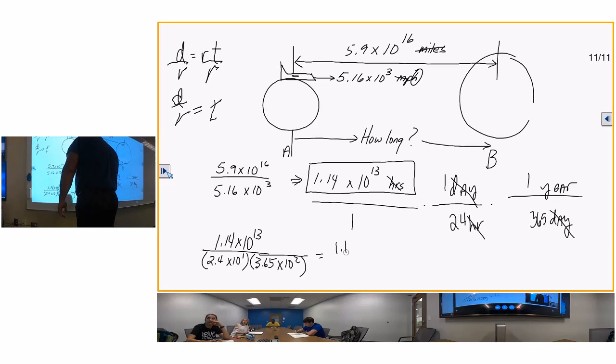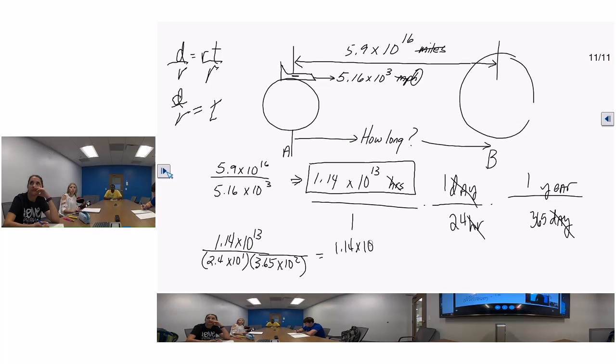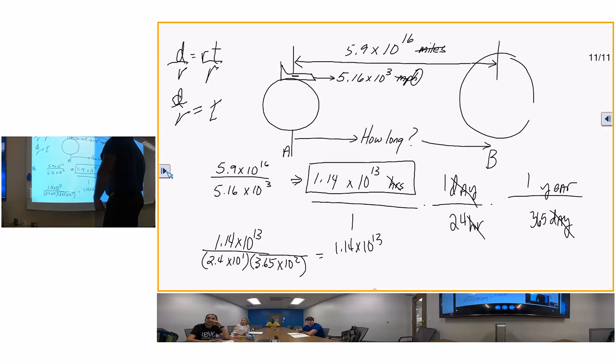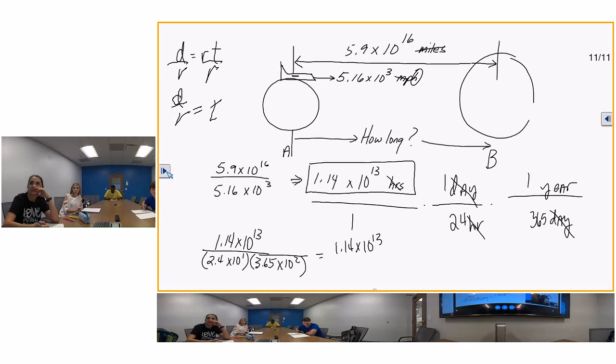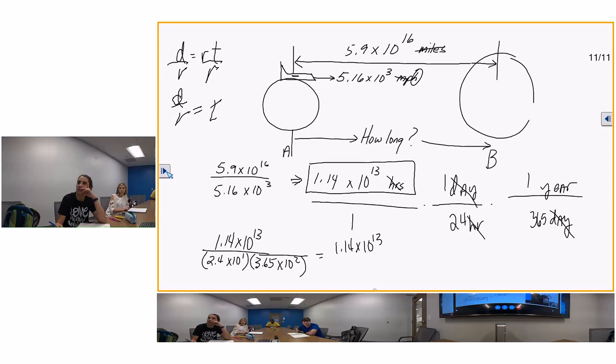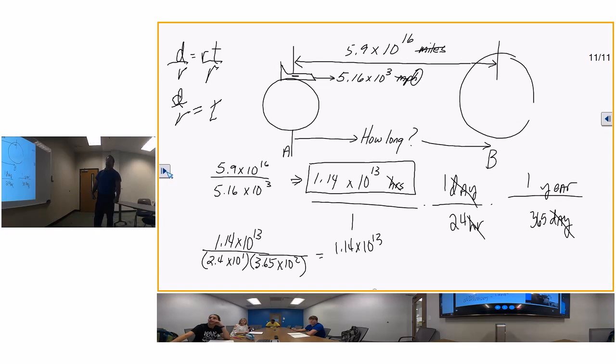I have a question. Where'd you get the 4.5? Where's 4.5? 4.5 days? Under one year, 365 days. Oh, that's not what it shows on ours.